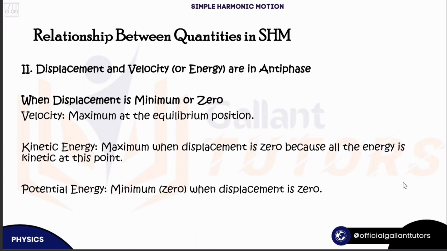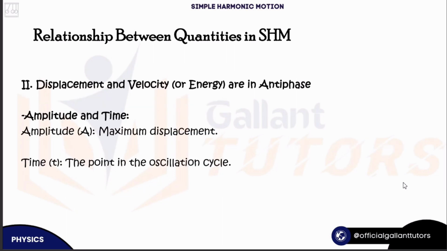Kinetic energy is also maximum when displacement is 0, because all the energy is kinetic at this point. Potential energy is 0 when displacement is 0. I told you that potential energy is related to the height. I hope you have not forgotten that.